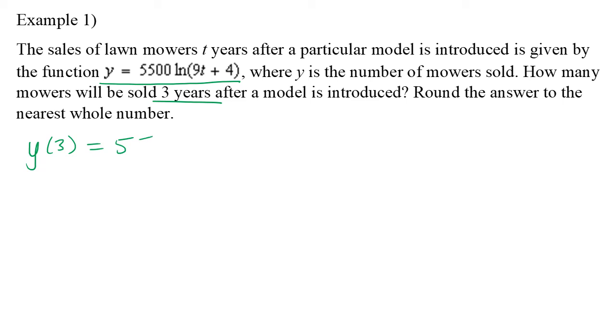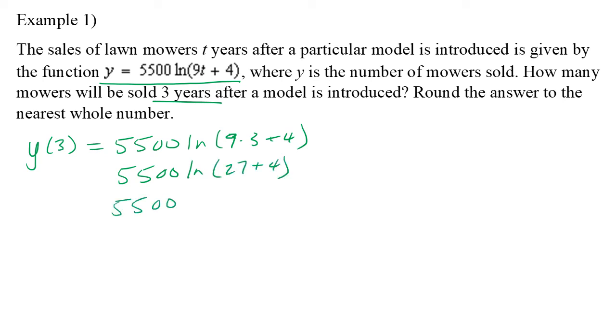So we have 5,500 natural log of 9 times 3 plus 4. So we have 5,500 natural log of 27 plus 4, 5,500 natural log of 31.